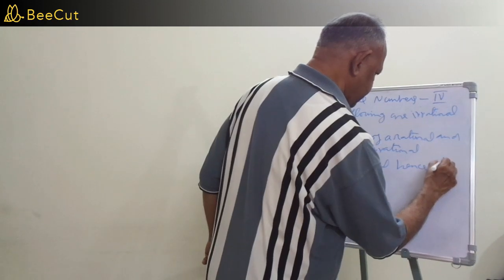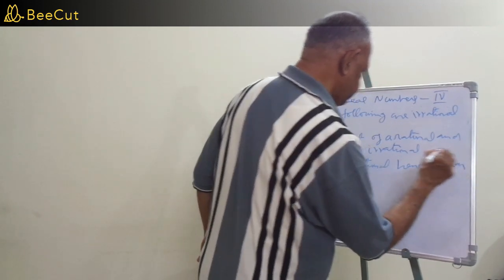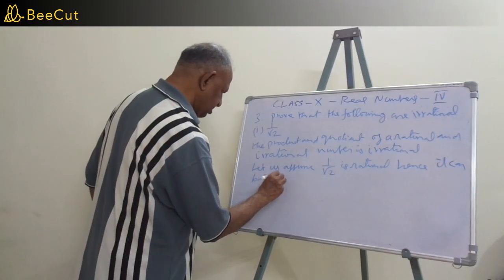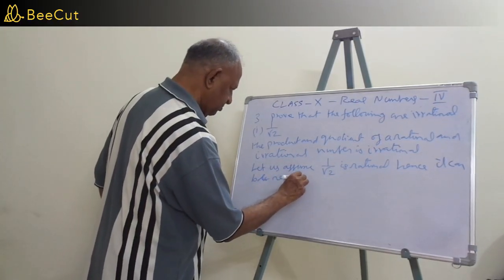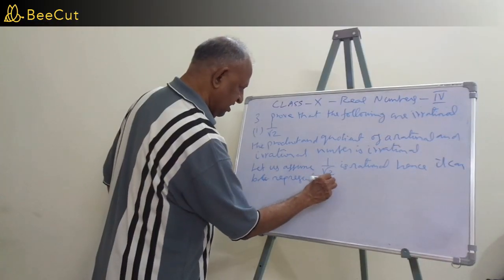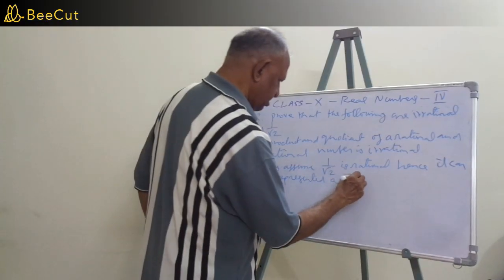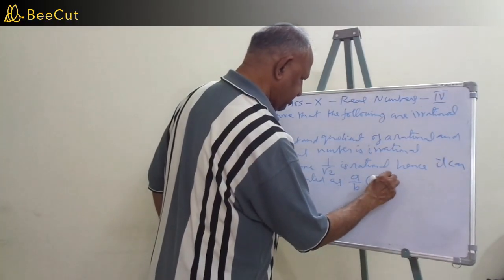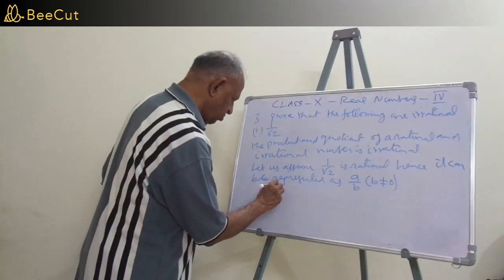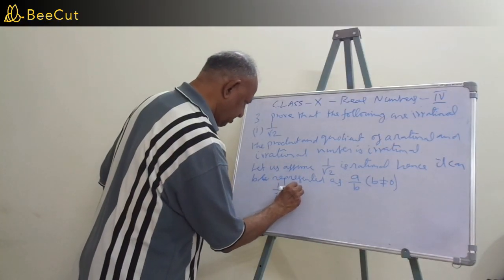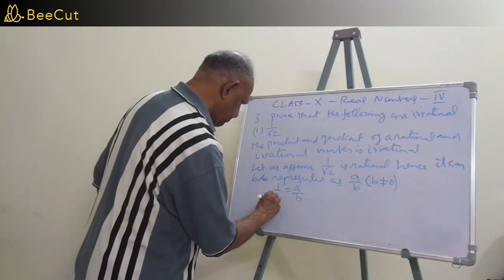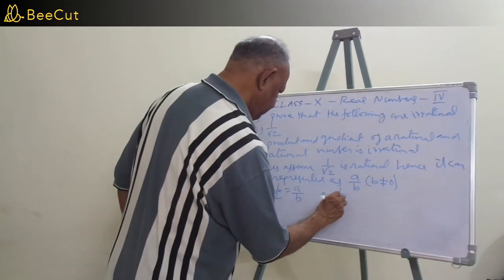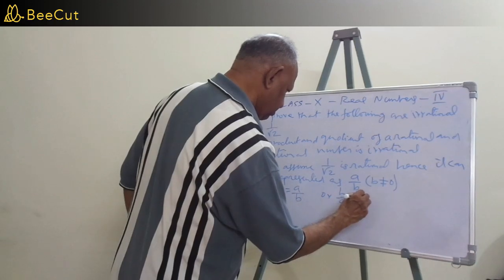Hence it can be represented as a by b, b not equal to 0. So 1 by root 2 is equal to a by b, or b by a is equal to root 2.